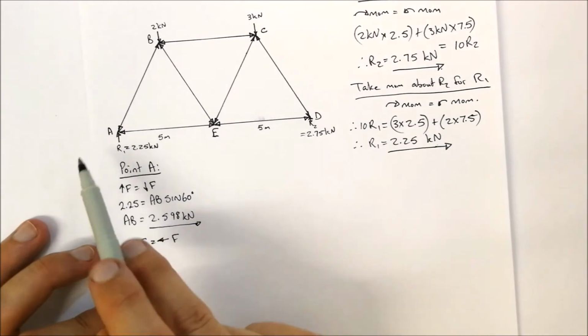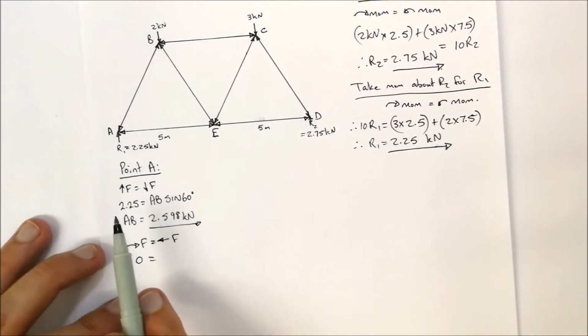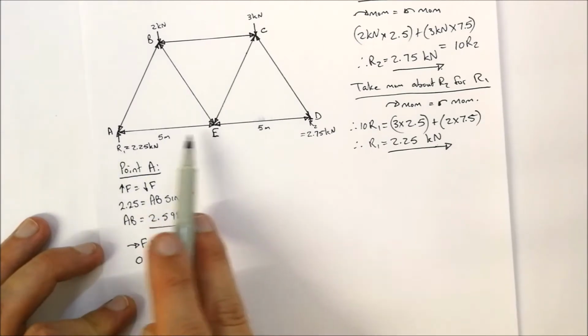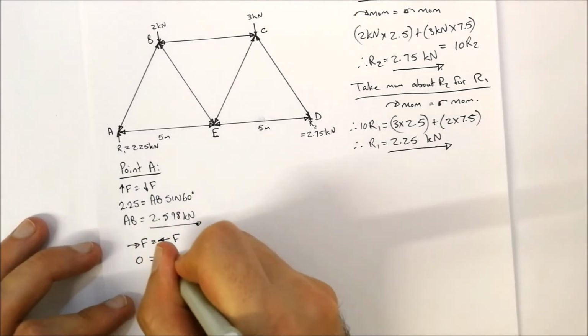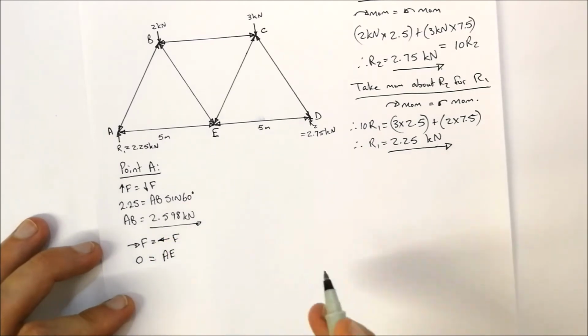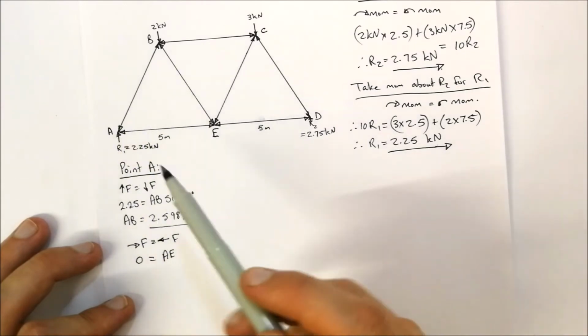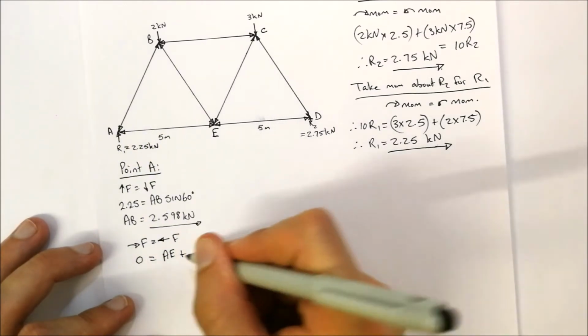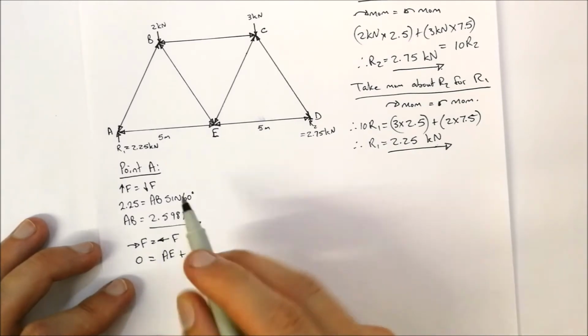We can see from this that there is going to be AE acting to the left hand side. We don't know what that is, so that is AE. And then there's the horizontal component of AB, so that's going to be plus, and we know AB is equal to 2.598 kilonewtons.